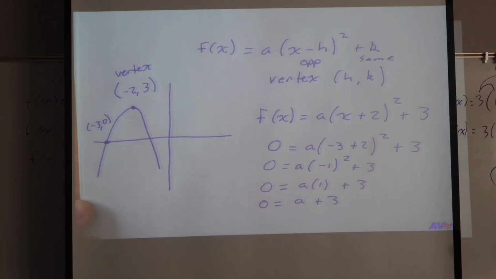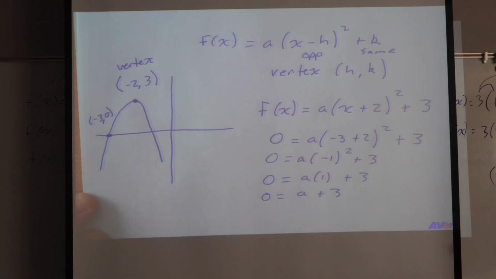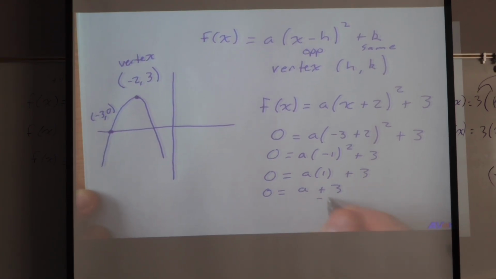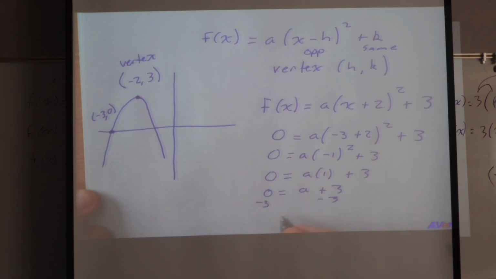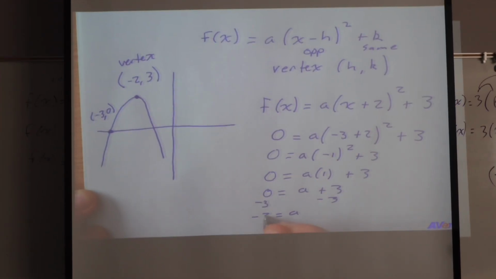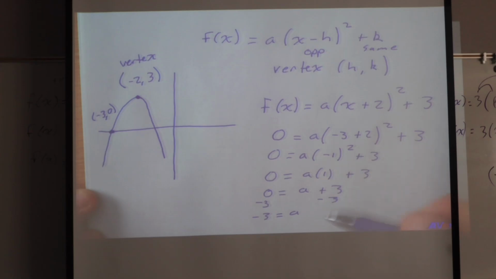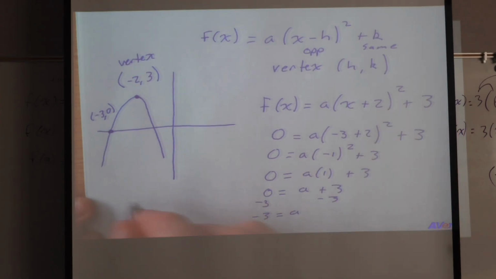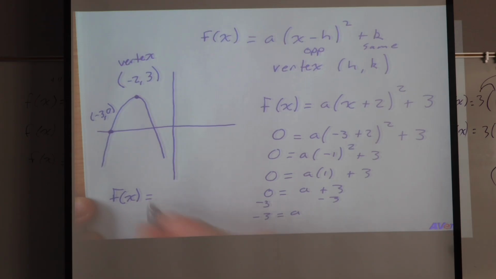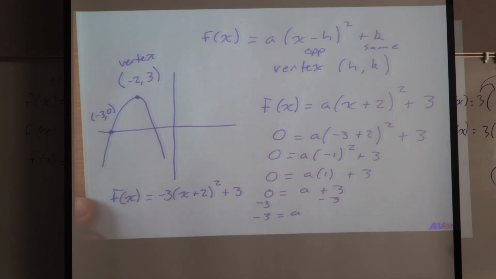And to solve for a now, we're going to subtract 3 from both sides. So our a is going to equal -3. Now we plug that back in for our a, and we have the equation. So f of x is going to equal -3 times (x plus 2) squared plus 3.